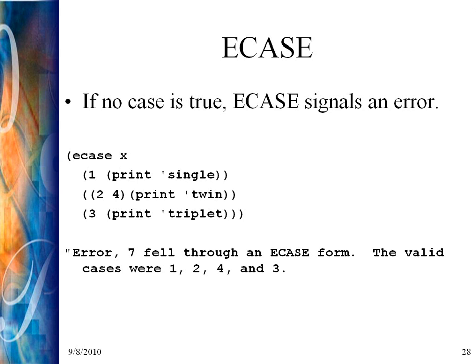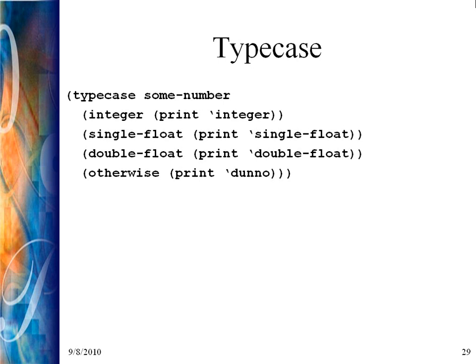And so you simply, in a production application, do case with a T or otherwise clause where you do something, where you handle it. There are ways to handle errors as well, but that's in a more advanced course. Type case is another example.